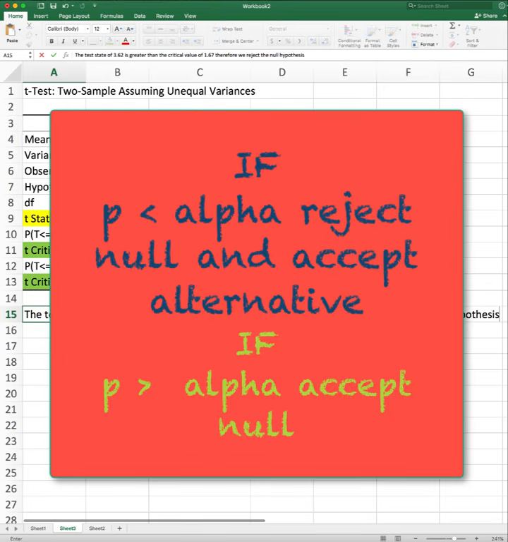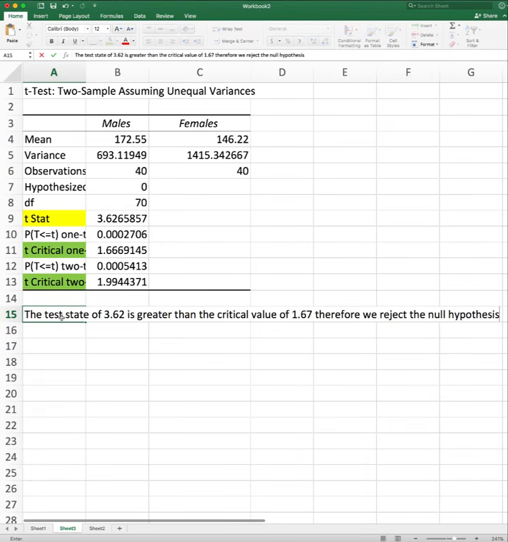This is great because we don't have to worry about positive or negative signs. We don't have to worry about how many tails we have for looking things up on a chart, although you do notice the p-values differ for the different tails of tests, but we don't have to worry about it reference table-wise.